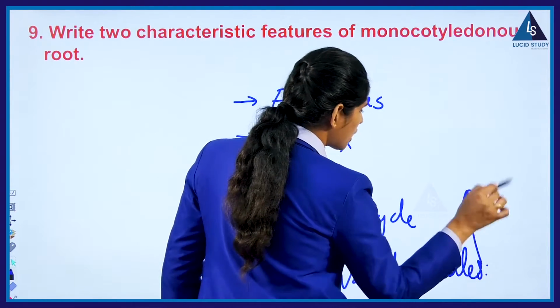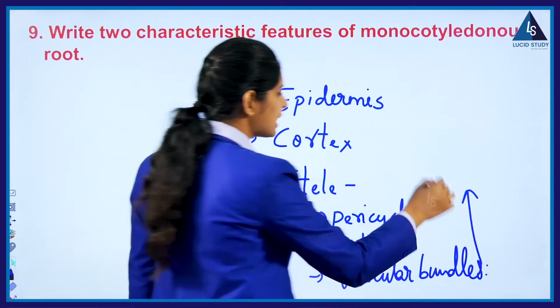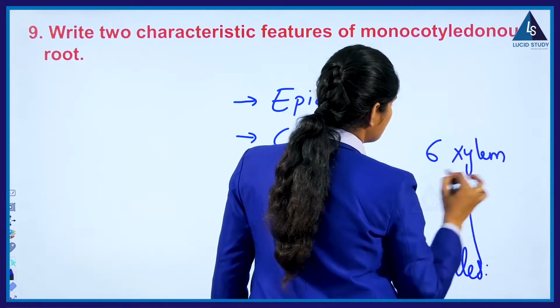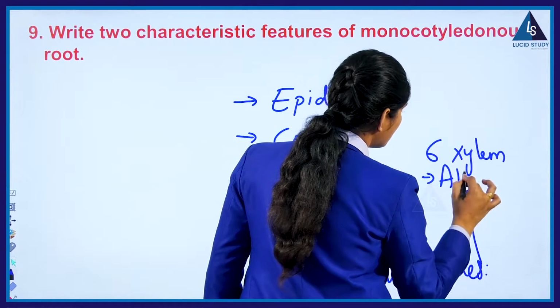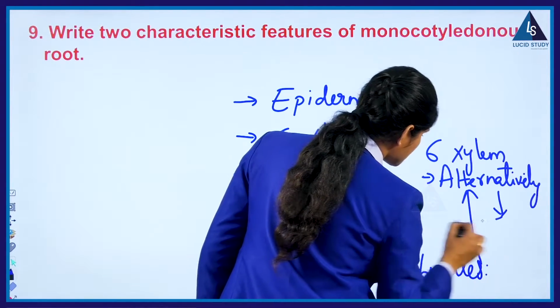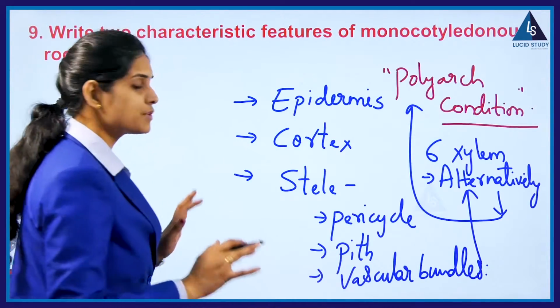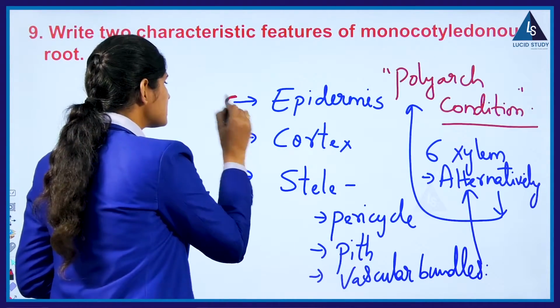Okay, so when you talk about vascular bundles we immediately recall the xylem and phloem. So here xylem are totally 6 in number which are present alternatively, and hence we say this condition to be a polyarch condition.